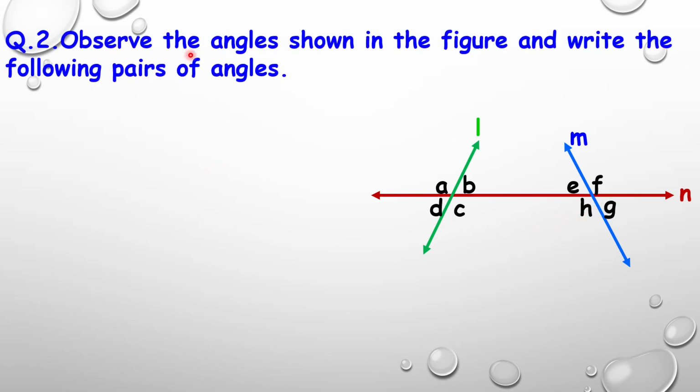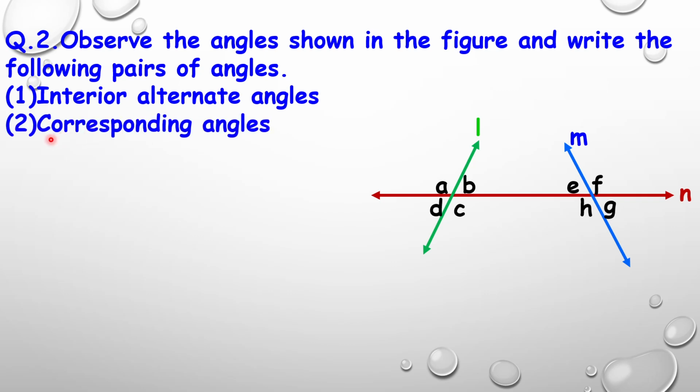So question number 2 is: observe the angles shown in the figure and write the following pairs of angles. First pair interior alternate angles, second corresponding angles, third interior angles.